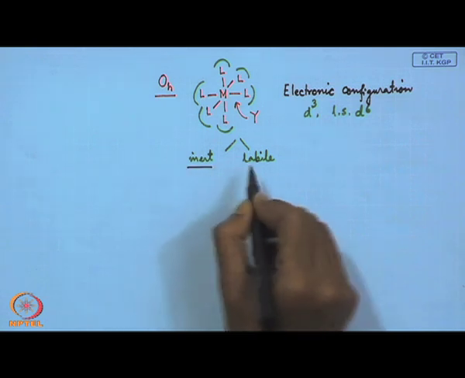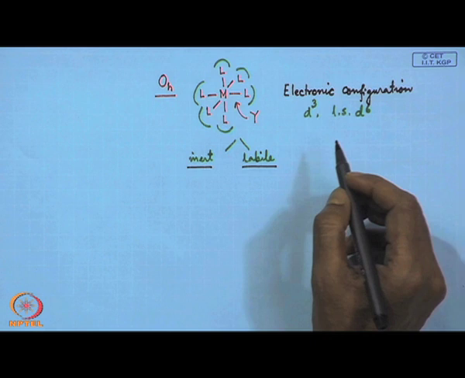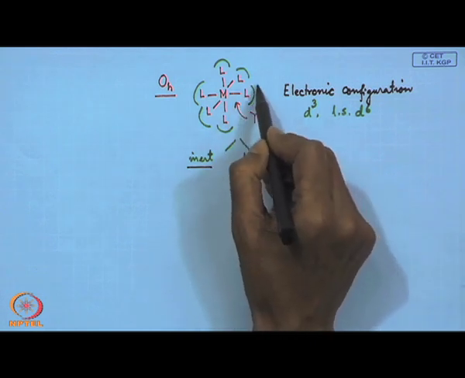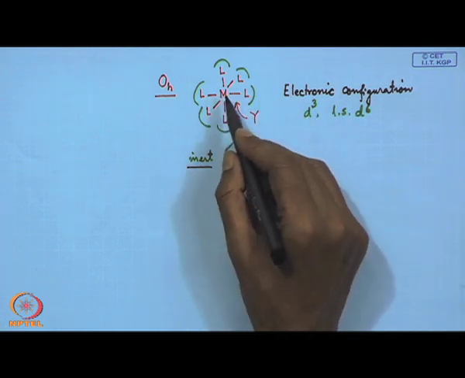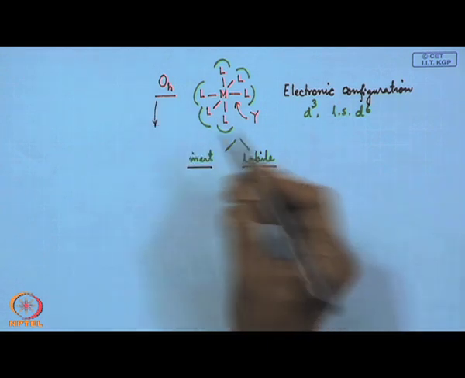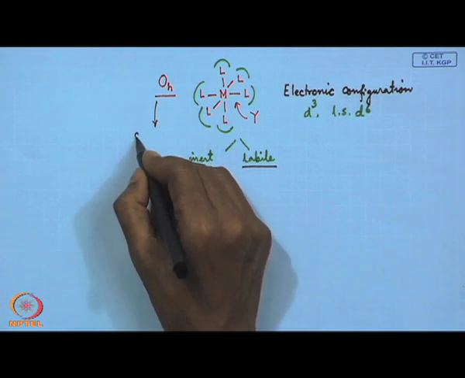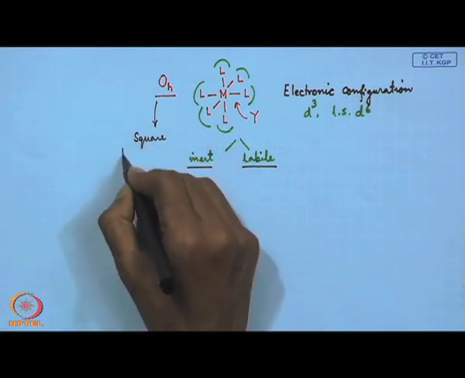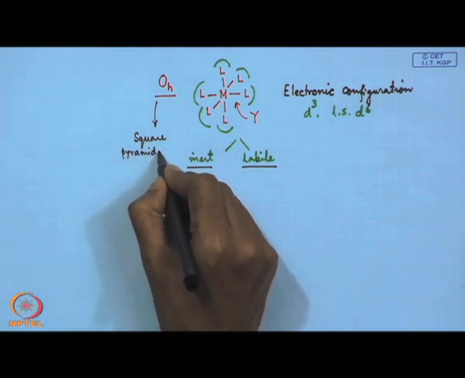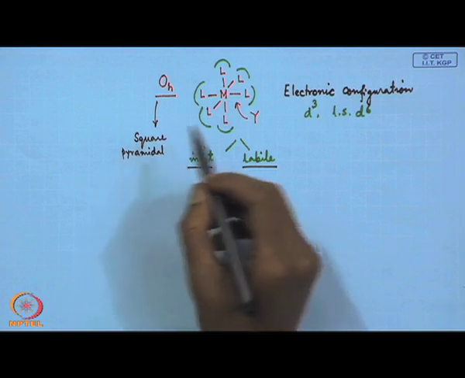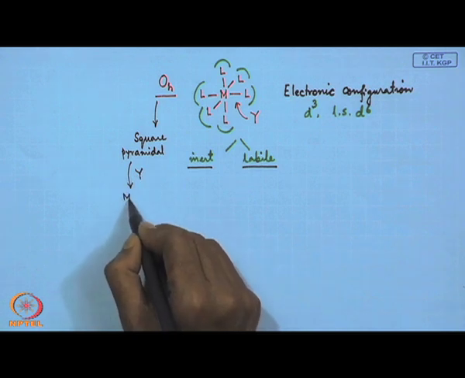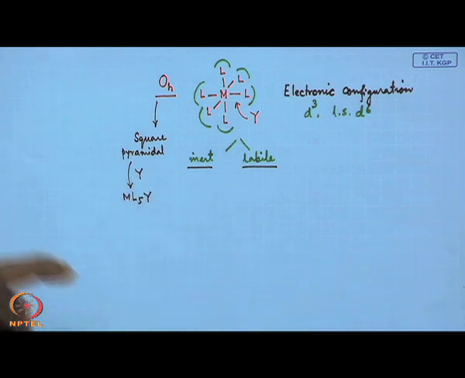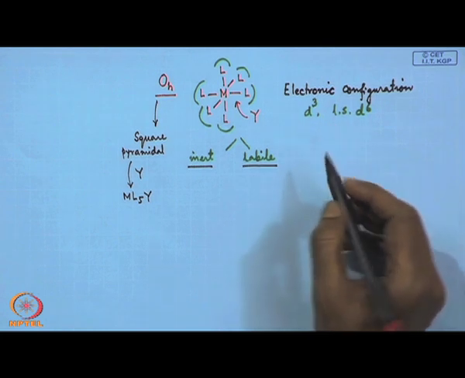So, when these molecules go for this type of reaction, if one particular L is dissociating from the metal center, then after removal of one L we have a square pyramidal geometry. This square pyramidal center then accepts Y, giving ML5Y.